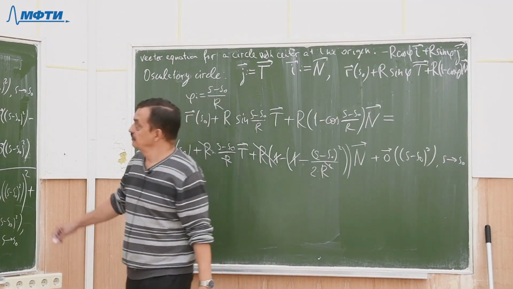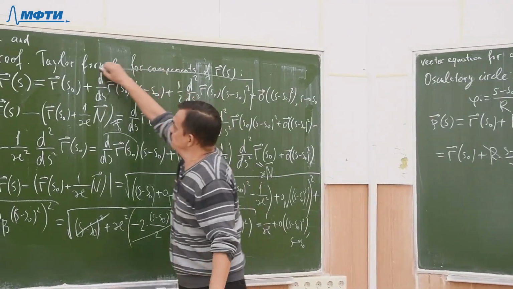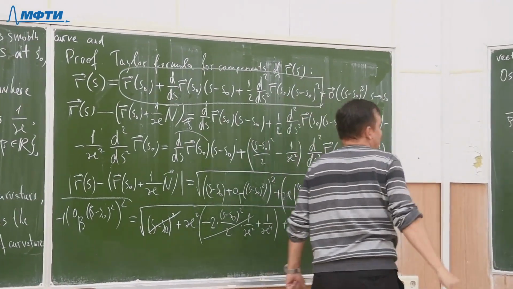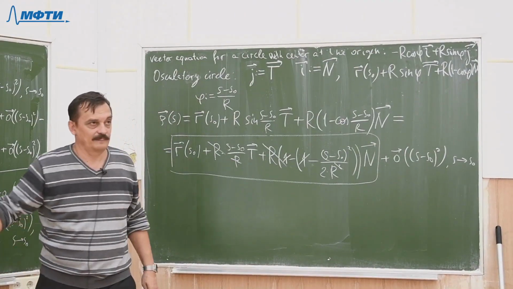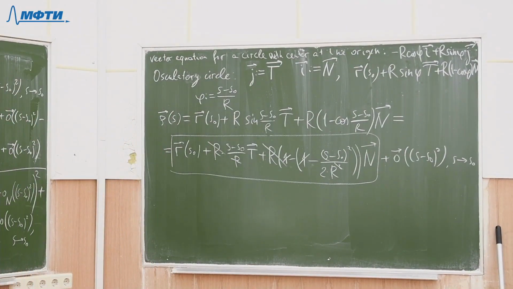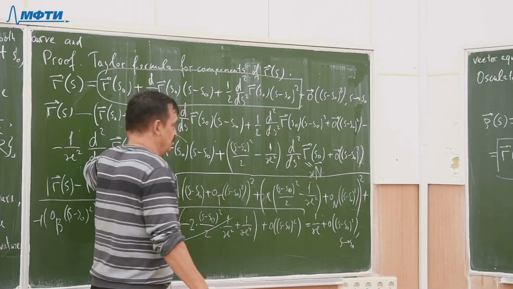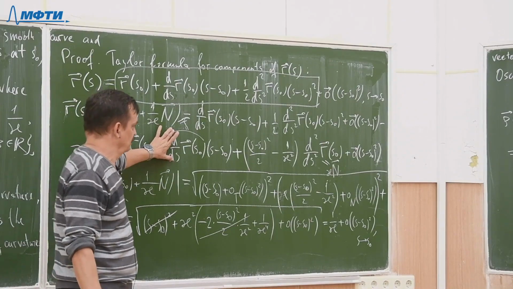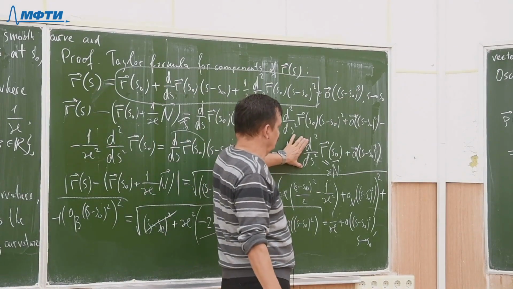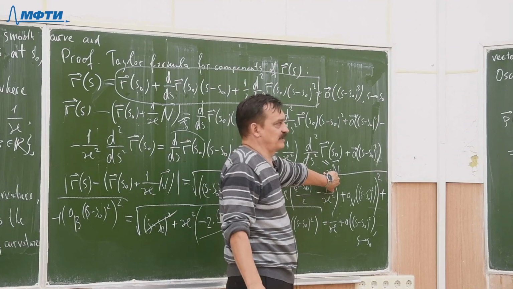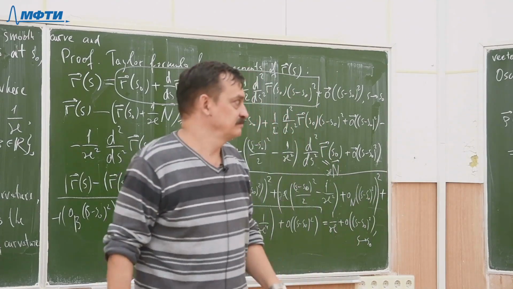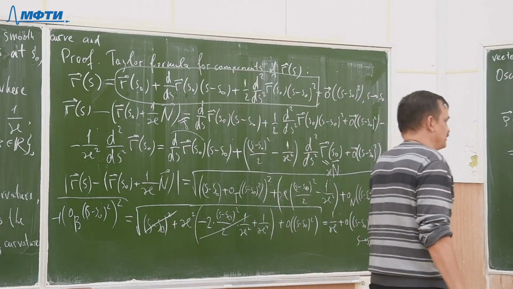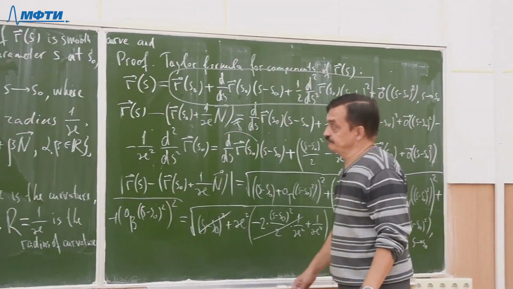So you see, this expression is the same as that one, and then the theorem is proved. Once again, the first derivative is T, and the second derivative is kappa times n, in other words 1 over R times n, and that is precisely the same. Then the theorem is proved. Okay.